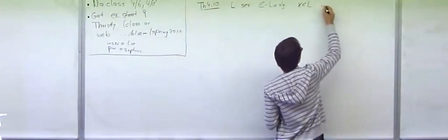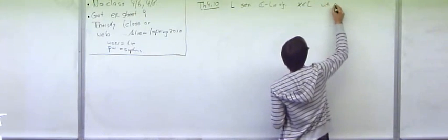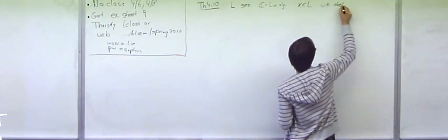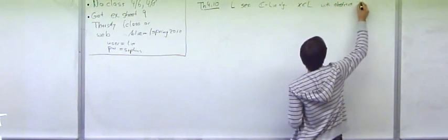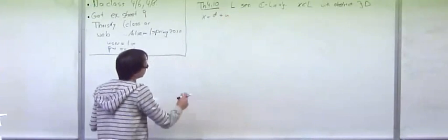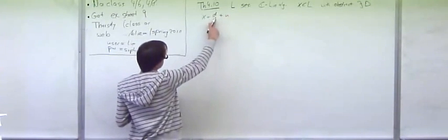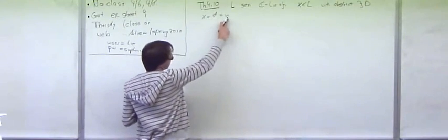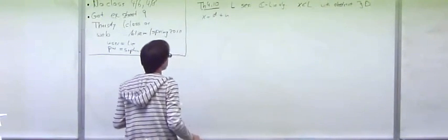So we defined this abstract Jordan decomposition. X is D plus N, where D is such that the ad D operator is diagonalizable, N is such that the ad N operator is nilpotent.